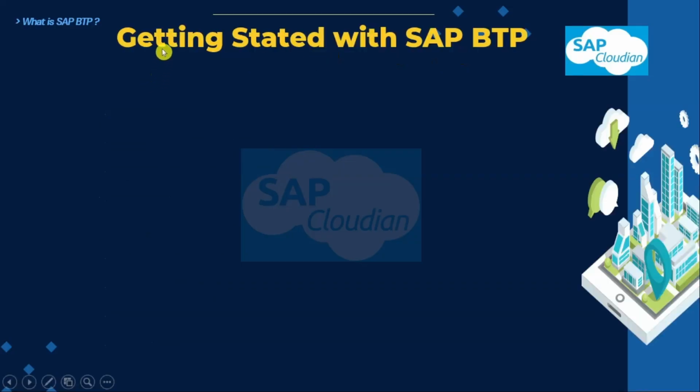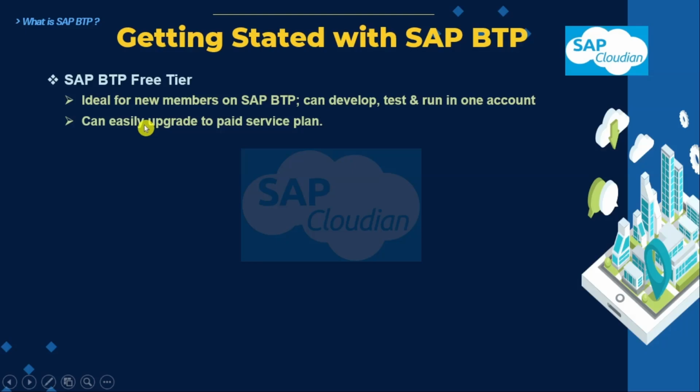Next point to discuss is getting started with SAP BTP, or what we can call the different ways to start with SAP BTP. With the SAP free tier service plan, you can experiment with SAP BTP and get hands-on development experience. This plan is ideal for those who are completely new to SAP BTP, so that they can explore the use cases they are interested in.